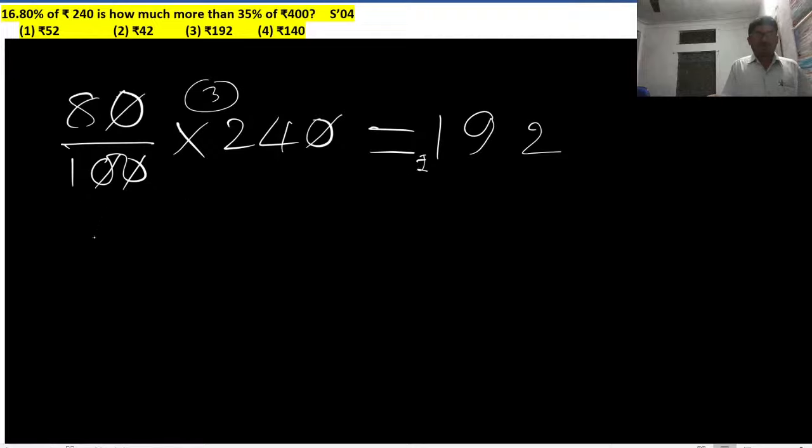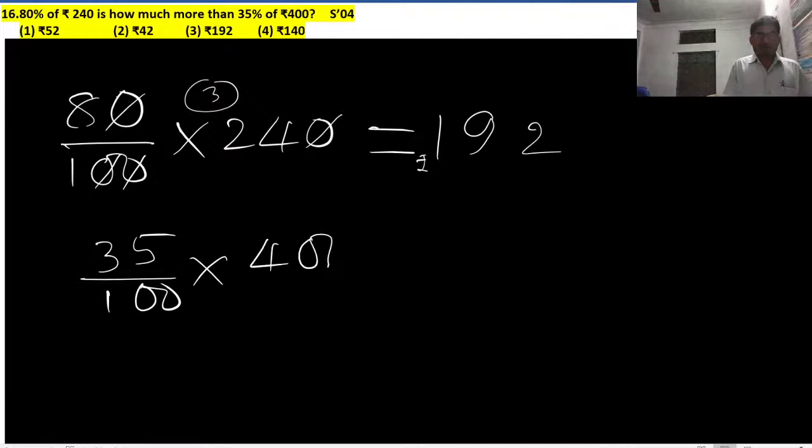Next, 35% of 400. 2 zeros, 2 zeros cancel. 4 5s are 20, 4 3s are 12, so 140.